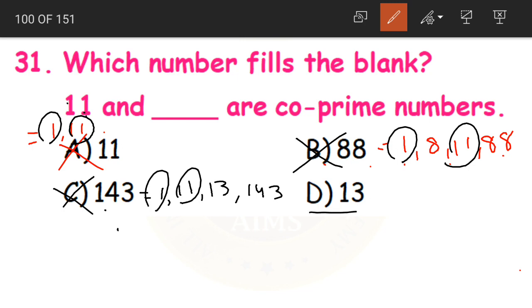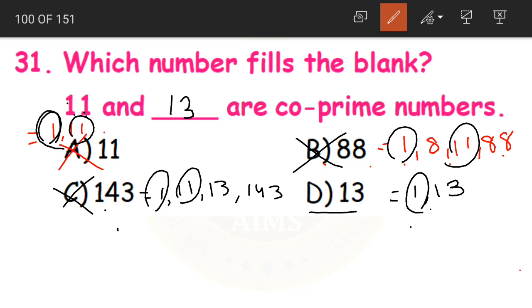Coming to the last one, 13, it has only two factors, that is 1 and 13. Now if you look at 11 and 13, they have only one common factor, that is 1. So 11 and 13 are co-prime numbers.